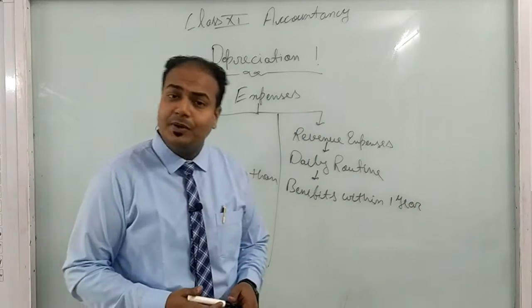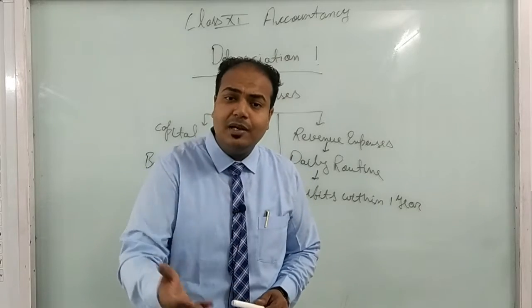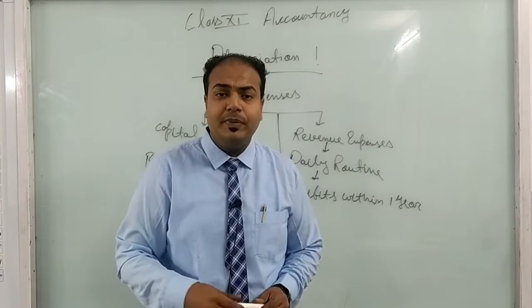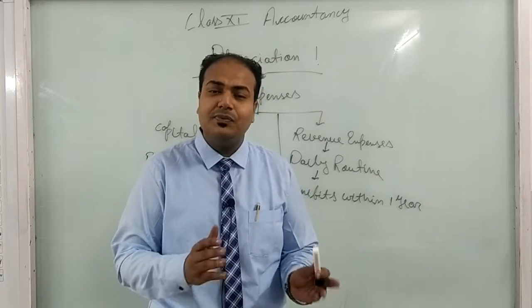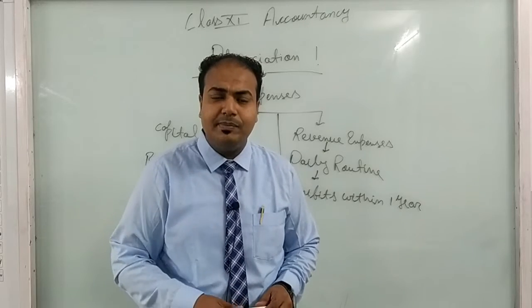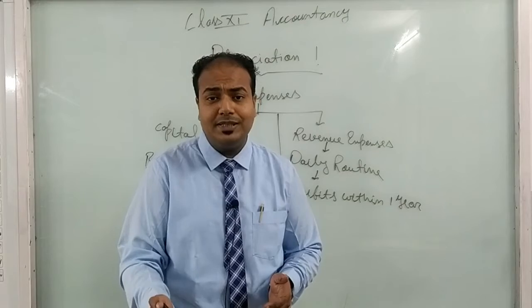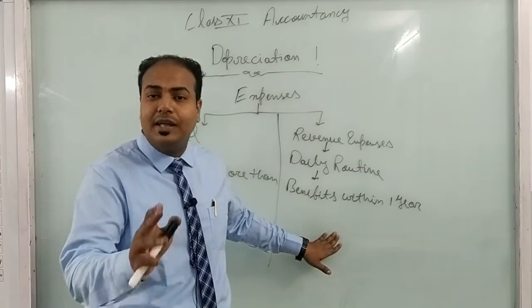For example, purchase and sales of goods. Purchase of goods is the revenue expenses. Rent paid for your factory, rent paid for your building, office rent, wages paid to the workers, salary paid, carriage, freight inwards, your electricity bills, all those expenses which you have to face on a regular basis and which provide you the benefit only for the single year.